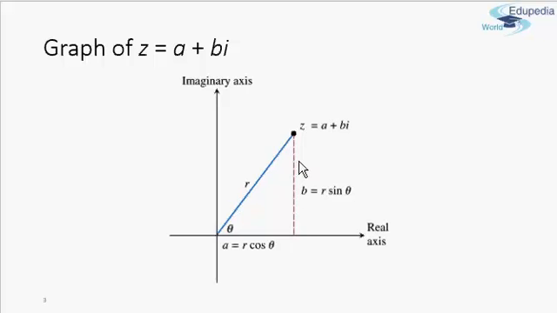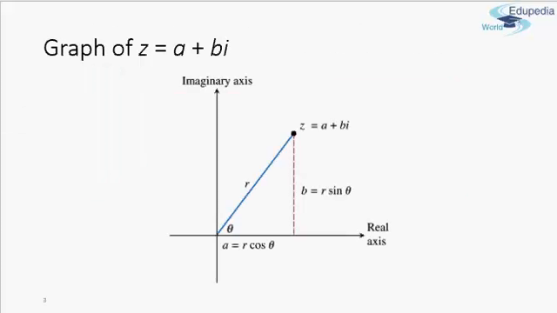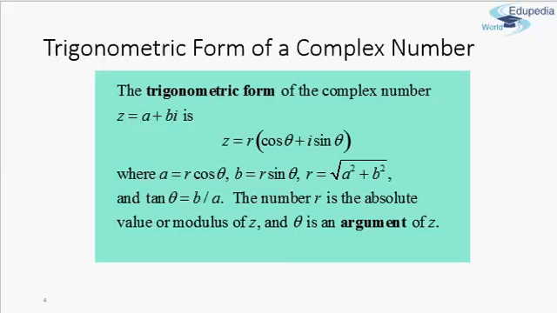Because this forms the hypotenuse, and what we're basically using is the Pythagoras theorem, that is the base square plus the height square, and you take the square root and you get the hypotenuse. And that is exactly what we are doing over here. a and b are the base and the perpendicular, and through that you find the hypotenuse, which is represented as magnitude, which can be called r as well.